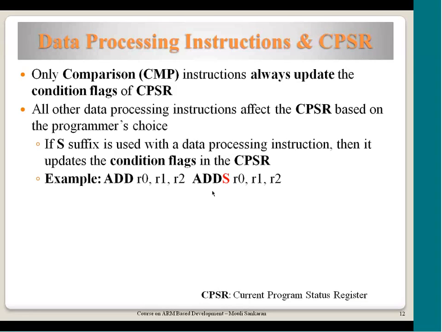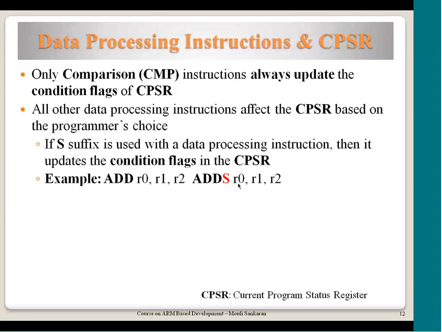But if adds is there, adding two 0 values and writing a 0 into R0 is reflected in the CPSR flags. So the zero flag gets set, and the negative flag of course has to be 0 because the MSB of this result is 0.